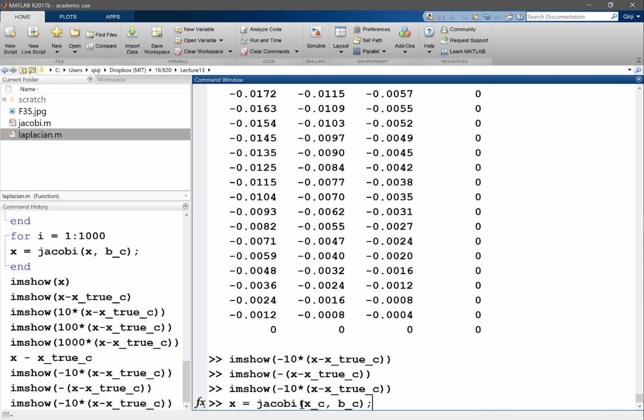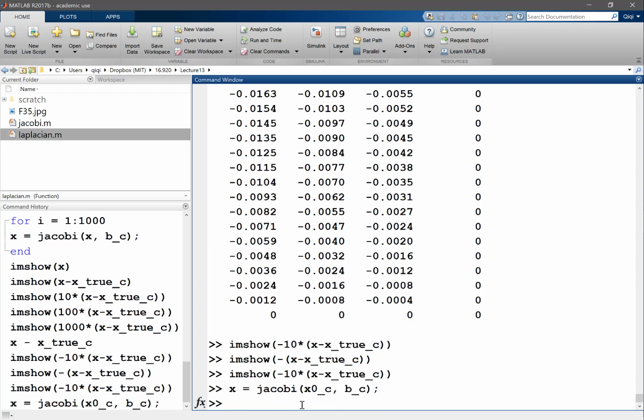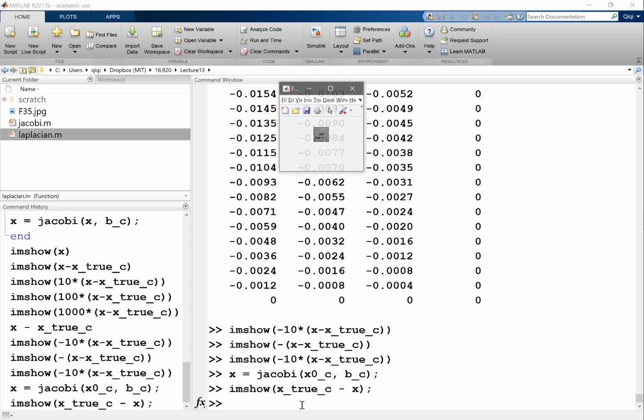Initially we perform one iteration, and if we look at the solution error, which is the true solution minus x, it is essentially the same as the original picture, maybe a little bit different.